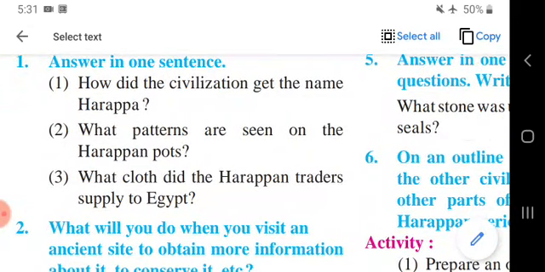Answer in one sentence. How did the civilization get the name Harappa?